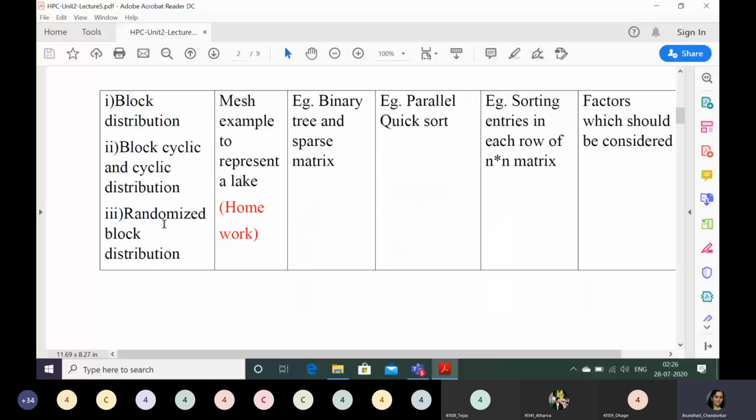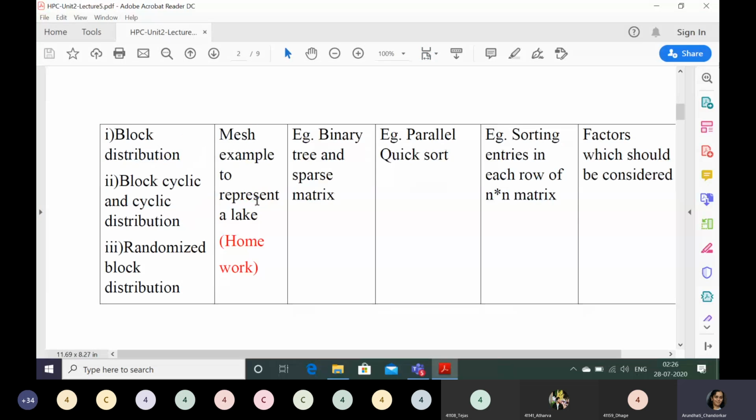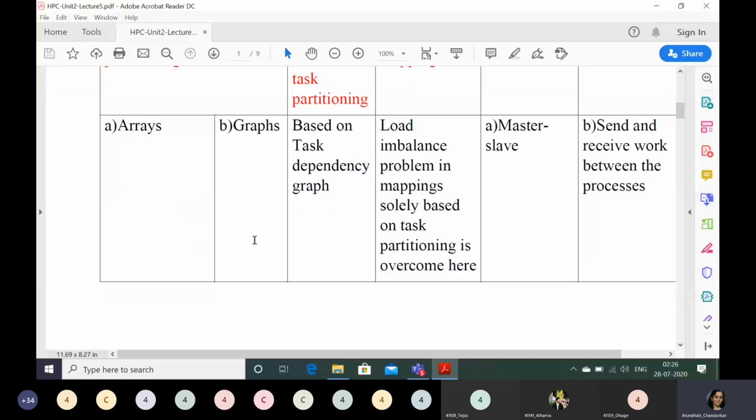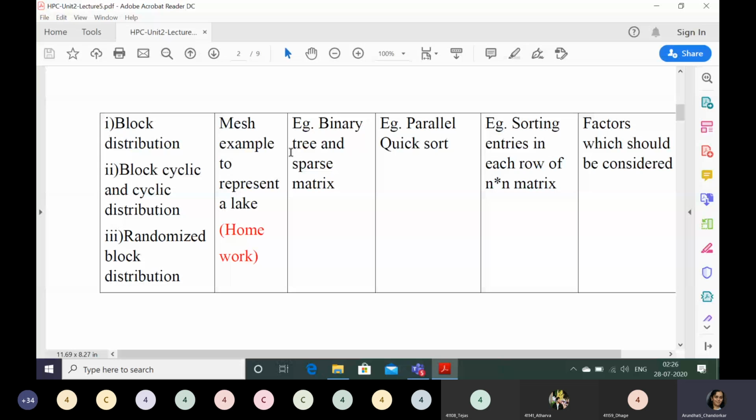Next, the graph, I am giving as homework. It is quite descriptive, so there is nothing to teach. Just go through some examples from your textbook. The obvious difference between array and graph I will tell you.